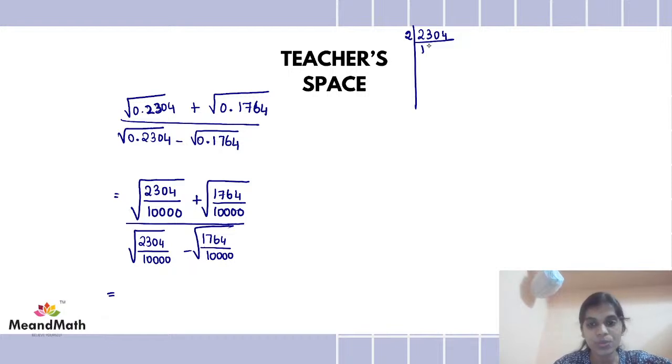2304. 2 table 1, 6, 5, 2. 2 table 8, 2, 6. 2 table 4, 1, 3. 4 plus 1, 5, plus 3, 8. 2304, 1, 6, 5, 2, 8, 2, 6.